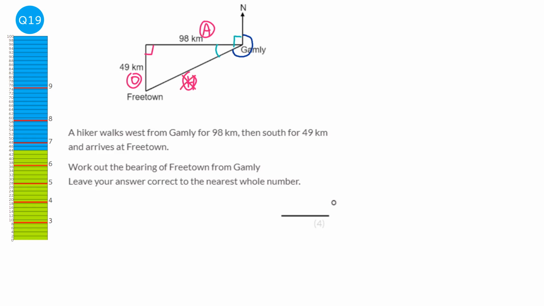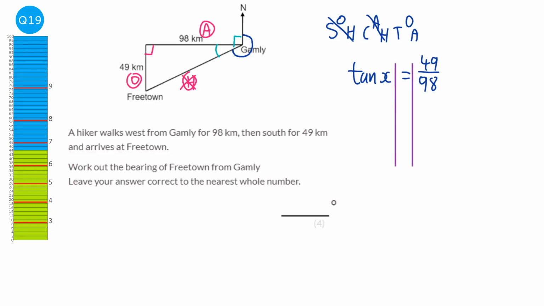Here we're not using the hypotenuse, so we can cross that out, and we can do our SOHCAHTOA. And the only one that doesn't have the hypotenuse is TOA. And so we're doing tan x equals the opposite, which is 49 over 98.